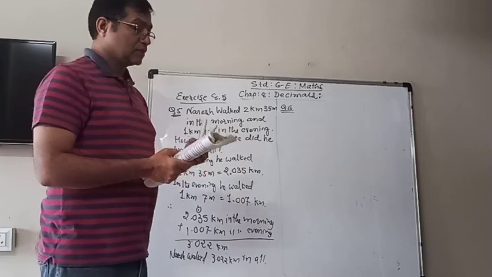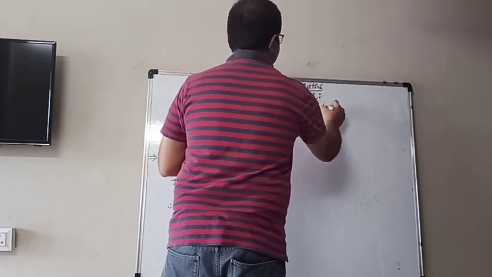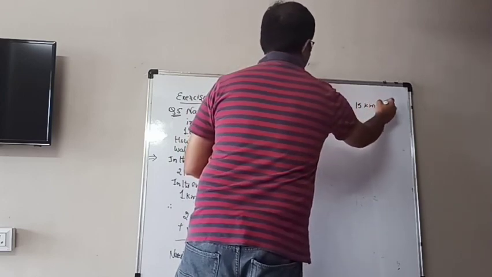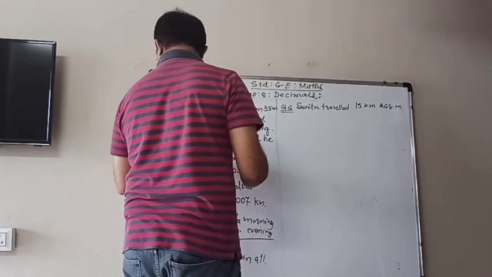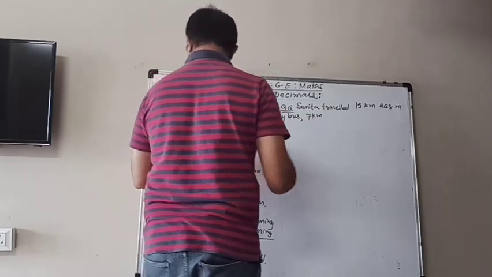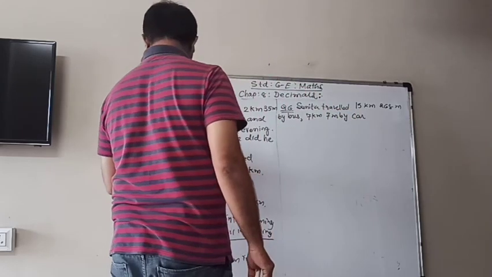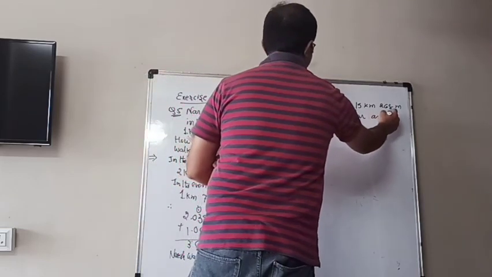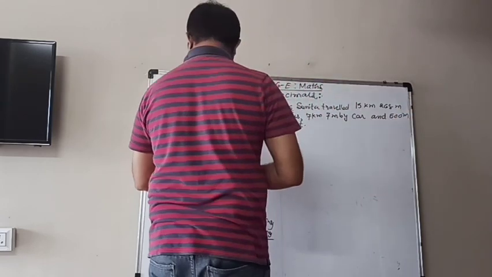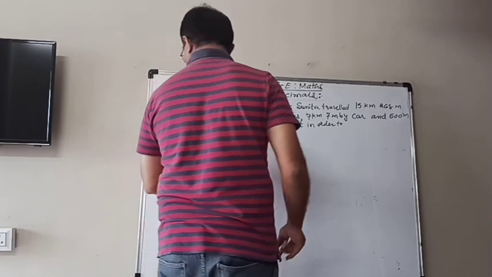Next question. Sunita traveled 15 kilometer 268 meter by bus, 7 kilometer 7 meter by car and 500 meter on foot in order to reach her school.